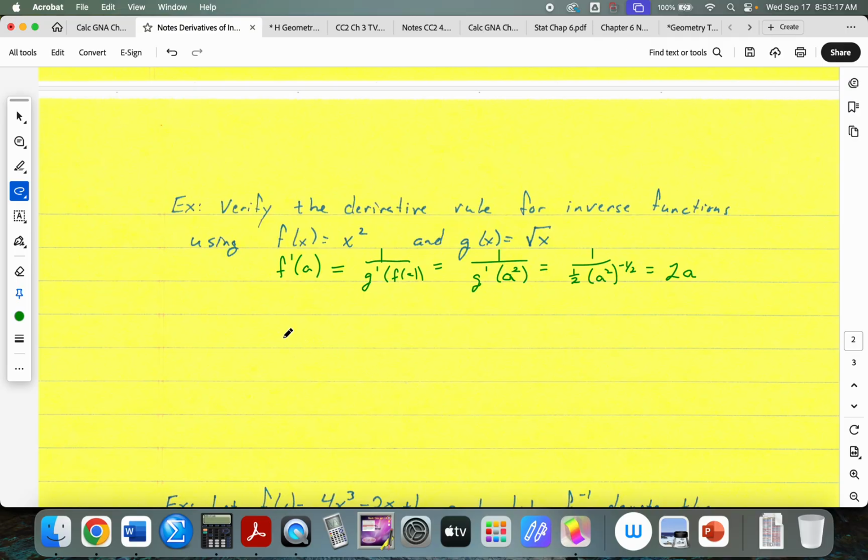Let's do it the other way. So let's find g prime at a. That's going to be 1 over f prime of g of a. So that's going to be 1 over f prime, and g of a is the square root of a.